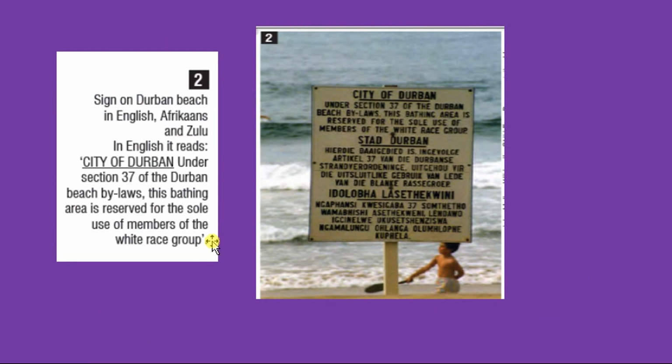Now you see another signboard. This signboard was on the Durban beach in English. It clearly explains that the city of Durban, under section 37 of the Durban Beach bylaws, the bathing area is reserved for the sole use of members of the white race group.